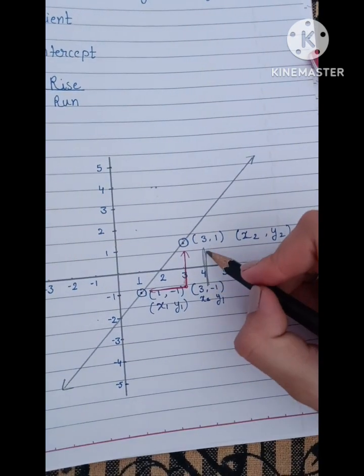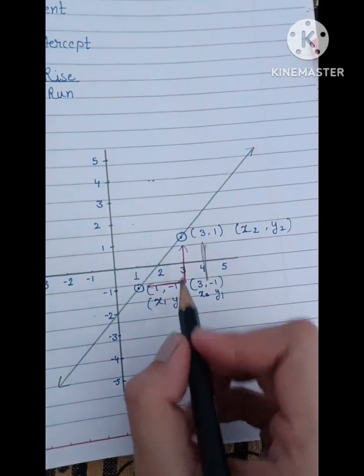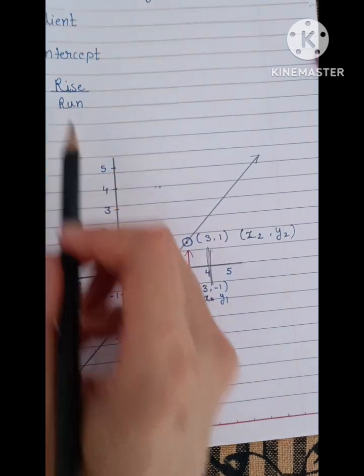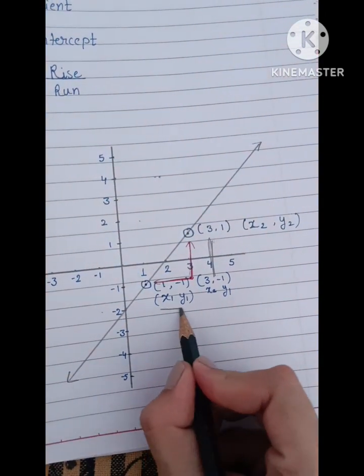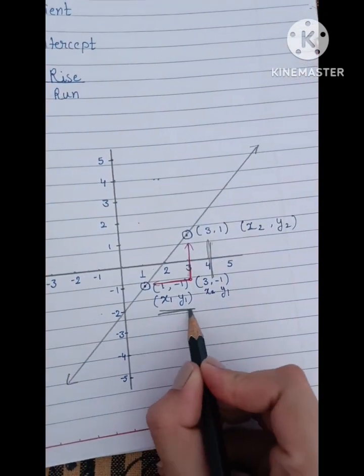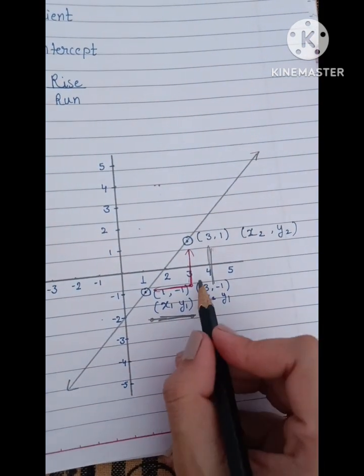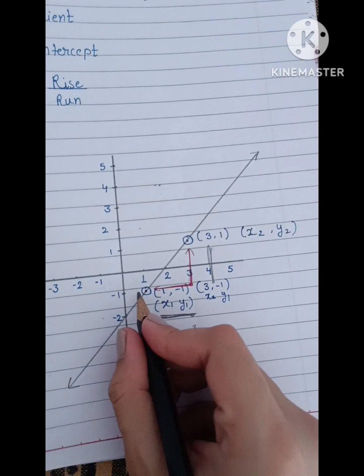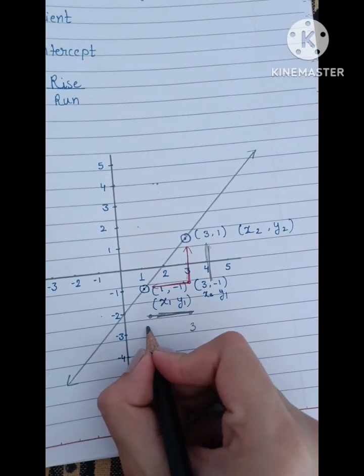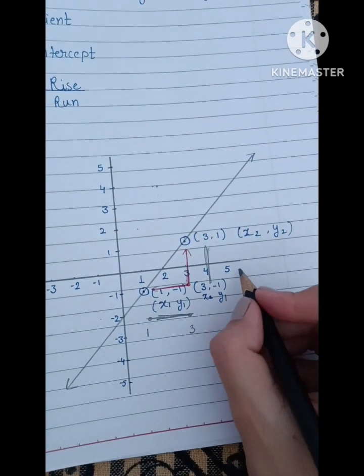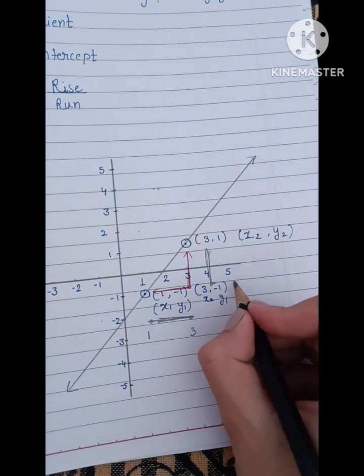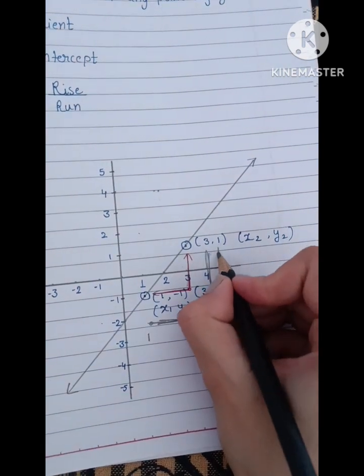And then for the run, you would require this distance. This coordinate is 3, this coordinate is 1, here this coordinate is -1 and this coordinate is 1.